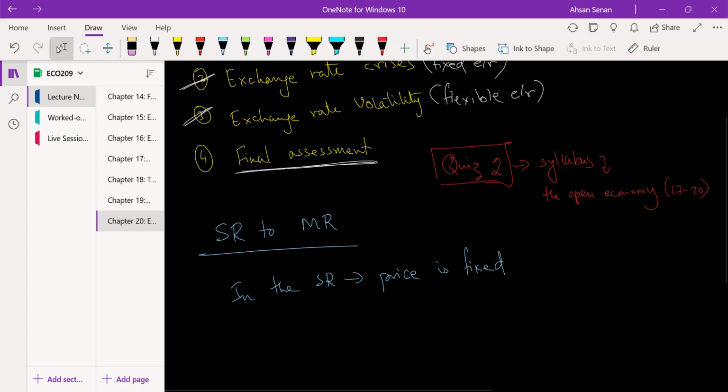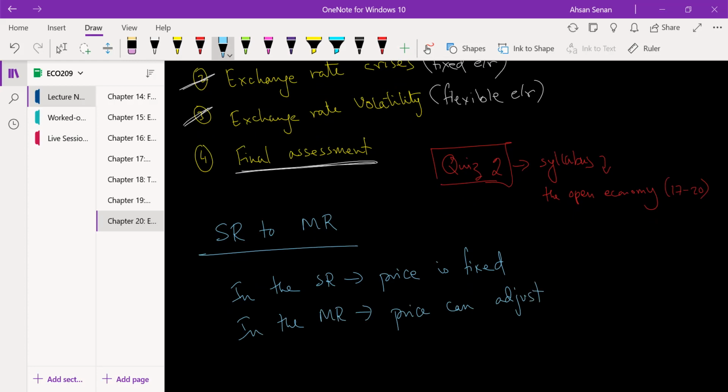And then later on, when we went to the medium run chapters, that was chapter 7, 8, 9. Was 10 included? 7, 8, 9, maybe 10, I don't remember. So in the medium run, we saw that price can adjust.